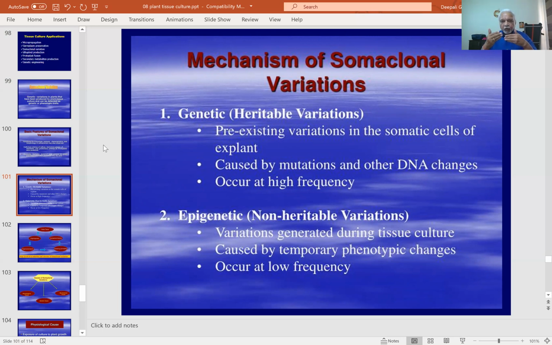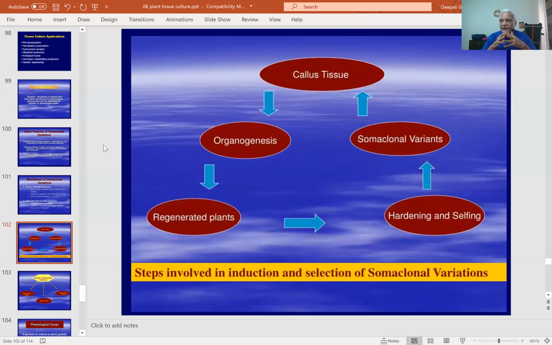So we are talking about two mechanisms. One is genetic, which occurs at high frequency, and then you have non-heritable or epigenetic, which occurs at a lower frequency. So what is happening here?